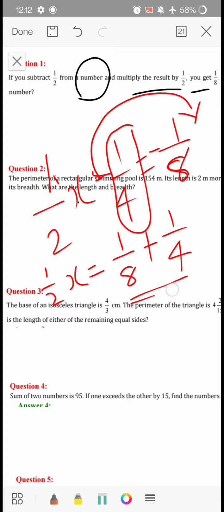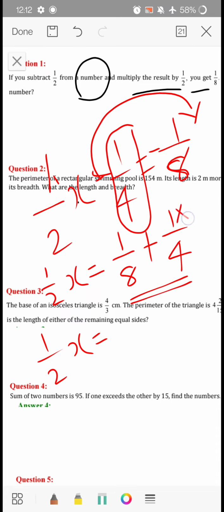Now solve this rational number. So 1 upon 2x is equal to 1 upon 8 plus 1 upon 4. Now we know that to solve this, the denominators must be the same. So you will take the LCM and make it the same. If you take the LCM, you will get 8.